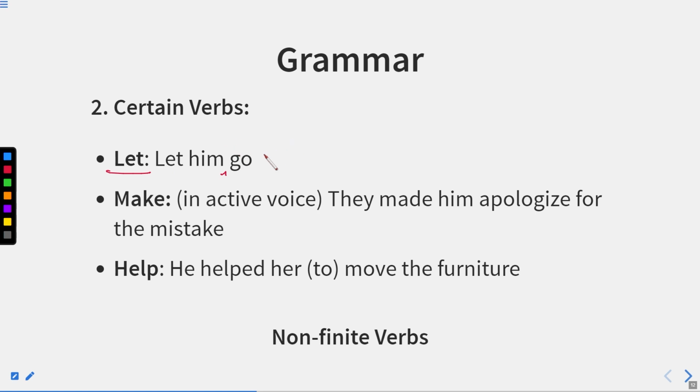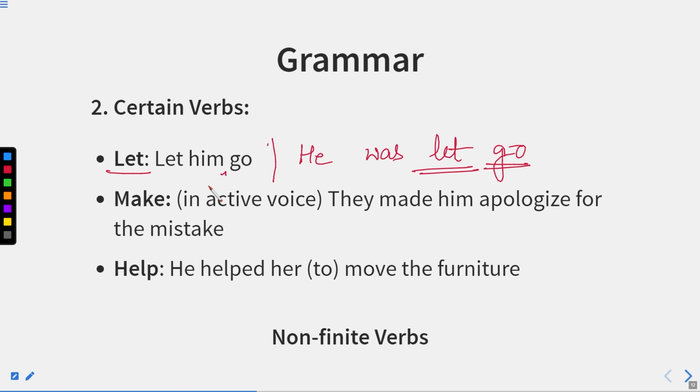If the sentence is let him go, and I make it passive, it becomes he was let go. So if the word is let, whether in active or passive voice, the verb will remain a bare infinitive only.